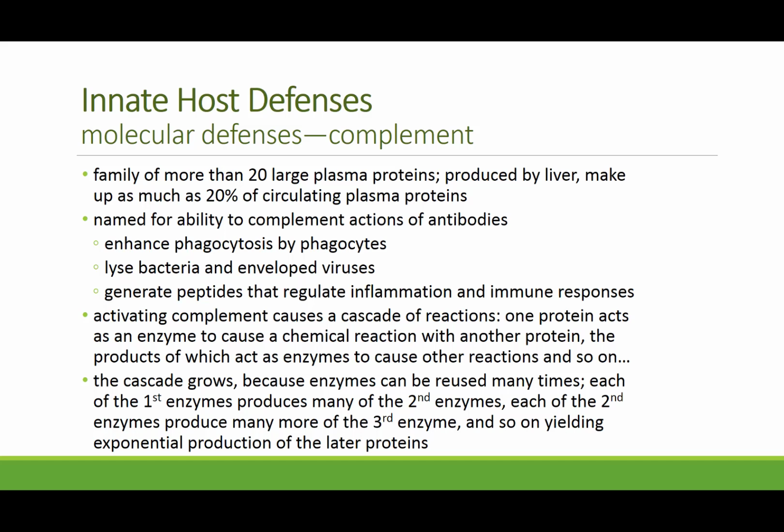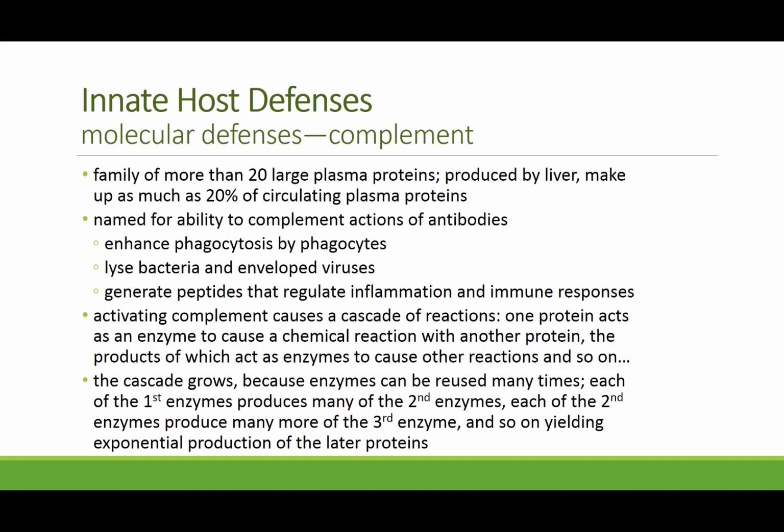So what is it that complement can do? Well, three things. It can make it easier for phagocytes to phagocytize whatever material has been found in the body that shouldn't be there. It can cause bacteria to lyse, so cut holes in bacterial cells, causing them to die.